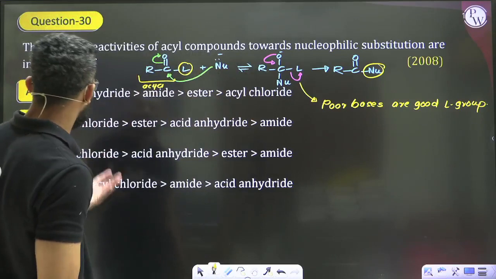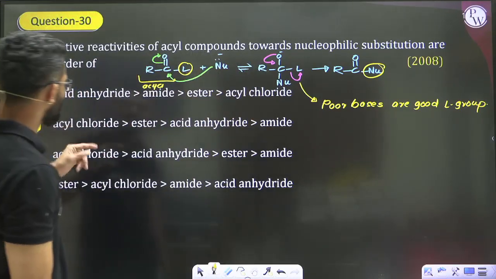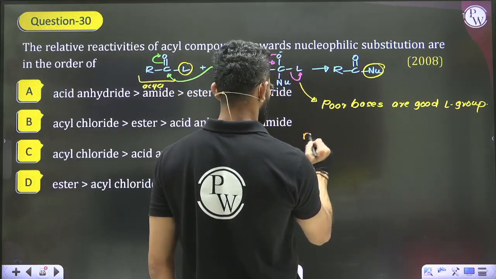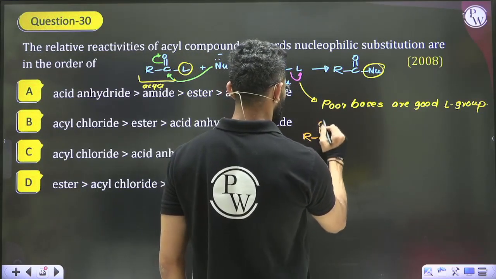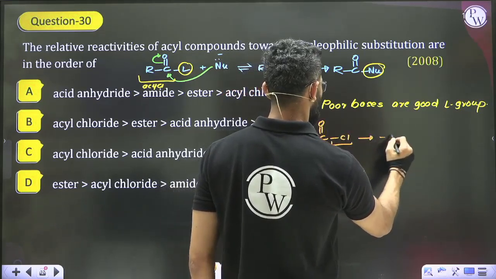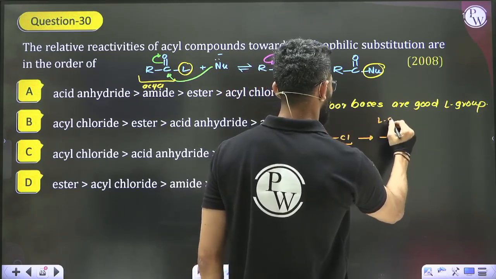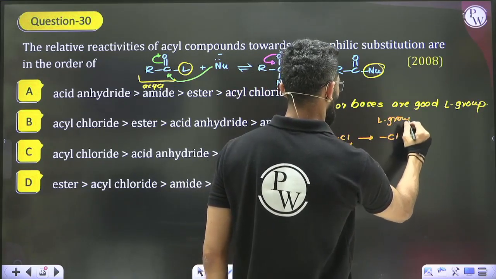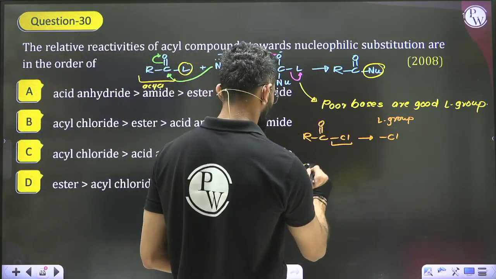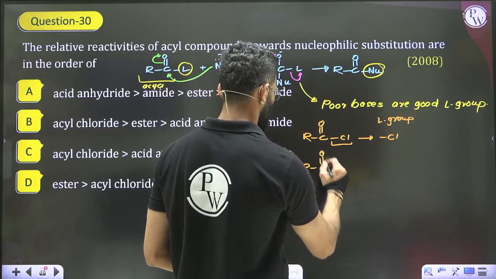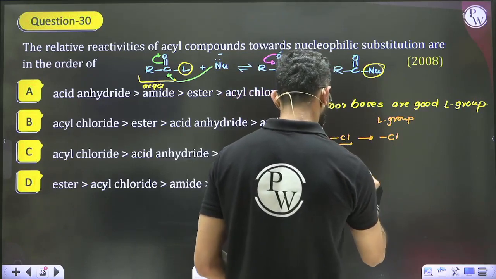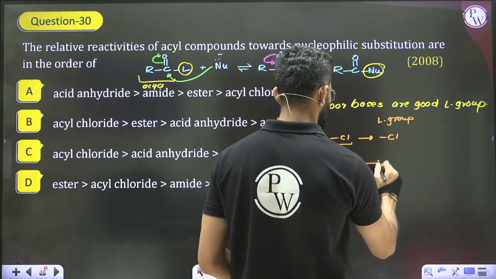So if you check all the options, let me write down all the structures. In acyl chloride, the leaving group is Cl. We are talking about the leaving group here. Next, acid anhydride. The leaving group is carboxylate.